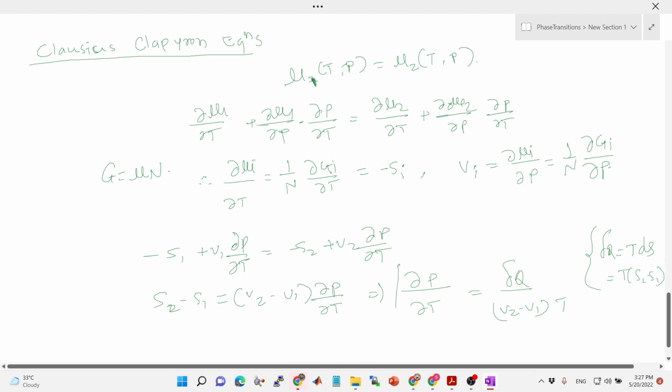So this is what is called the Clausius Clapeyron equation.